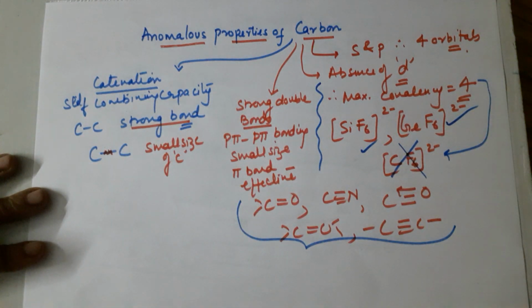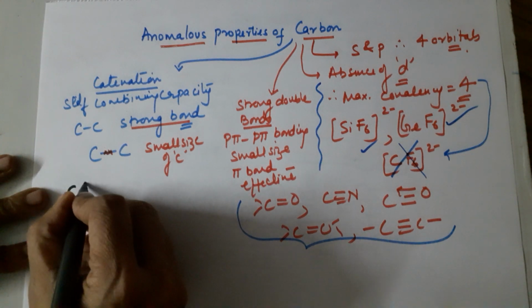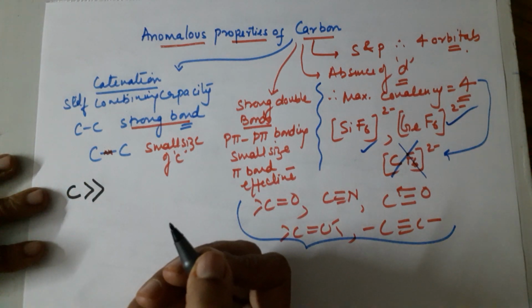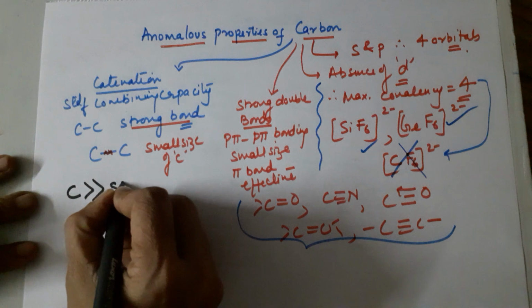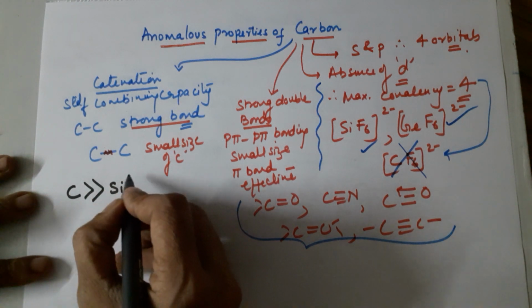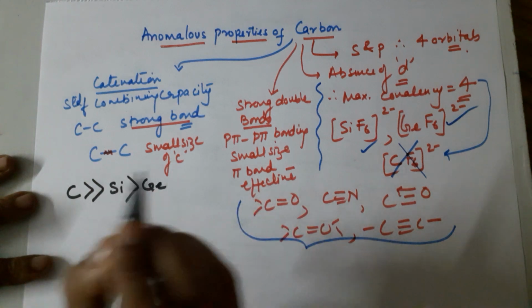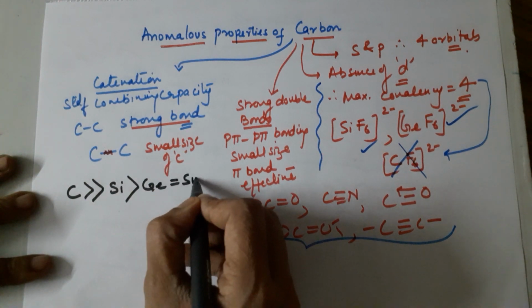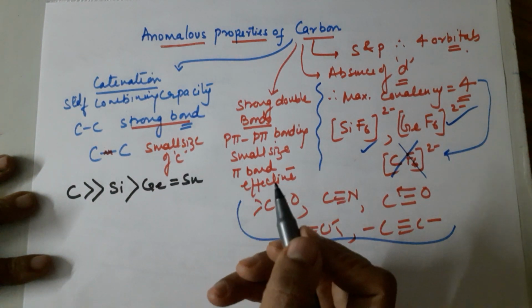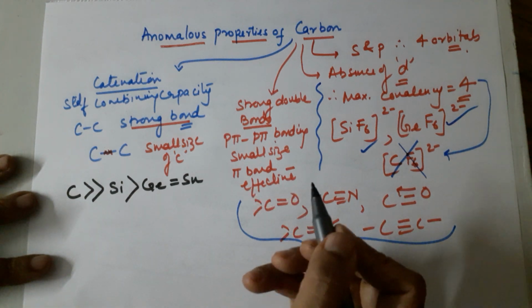When we talk about catenation, it is found that carbon shows maximum catenation in this group, followed by silicon, which has much lesser catenation. Again, this is more than germanium. Rest of them do not show any catenation, and we don't talk about catenation for larger members because their bonds are weak.